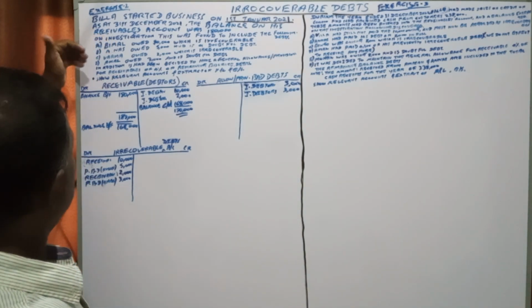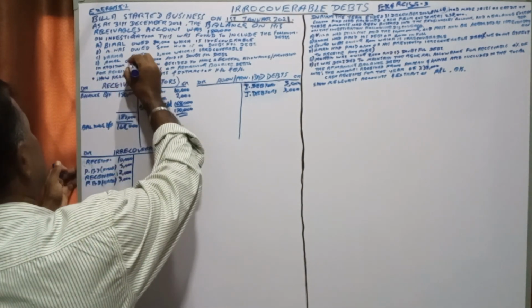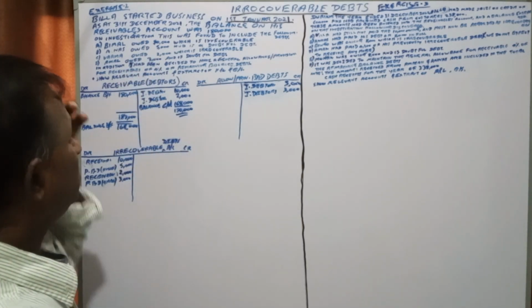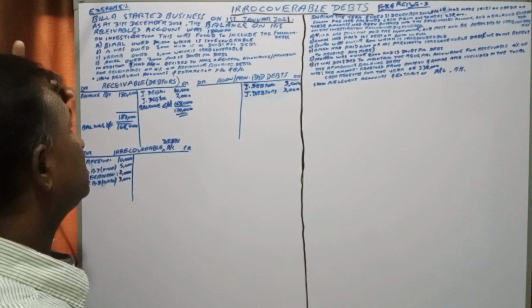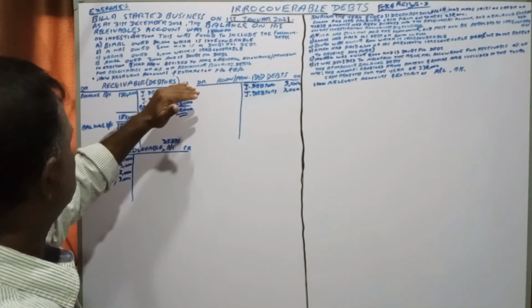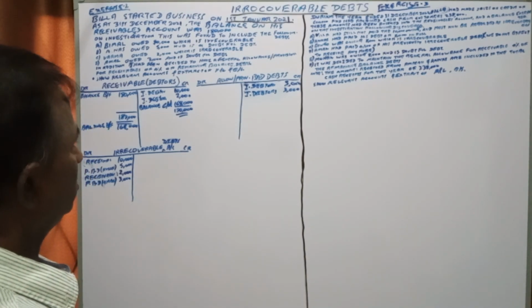Next adjustment: it has been decided to have a general allowance or provision for receivables of 4% of the remaining balance.